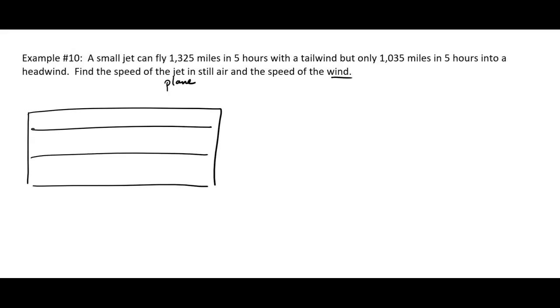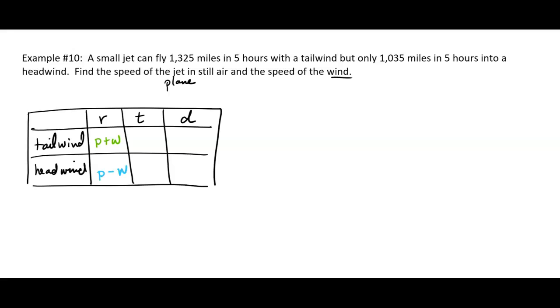I'm going to set up a chart, just like we did on the river problem, with rate times time equals distance, and a tailwind and a headwind. With a tailwind, it's P plus the wind, and with a headwind, it's P minus the wind.